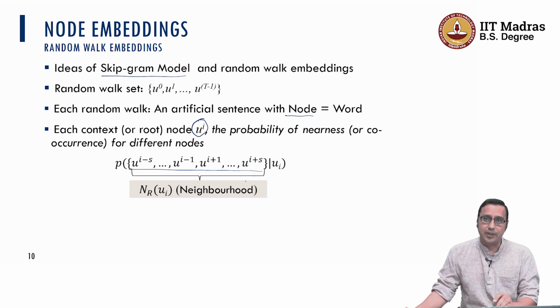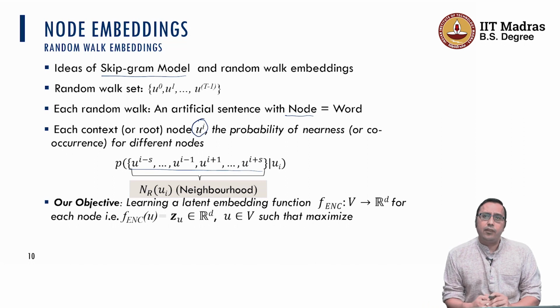Here we are trying to do the same, which is the neighborhood of u_i. In simple words, we are trying to predict the co-occurrence of different nodes in the neighborhood of u_i, of course over different random walks.